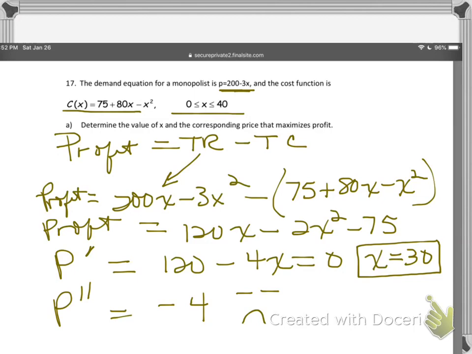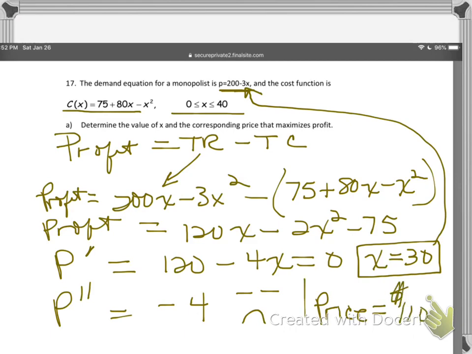So if you put this x in for that x, you will end up with price equaling $110. Okay, and that answers that part of the question. Then the next one talks about imposing a tax. So we're going to talk about that on the next page.